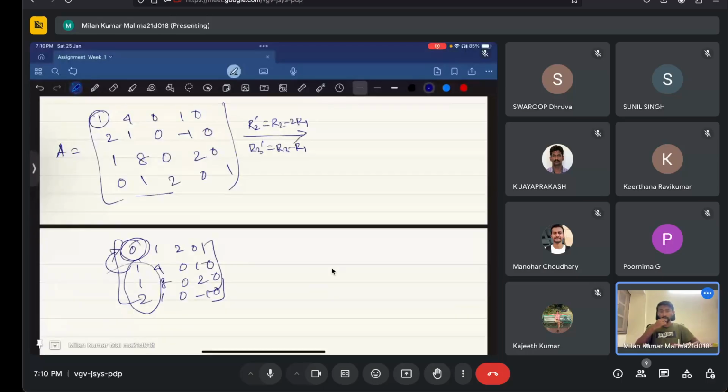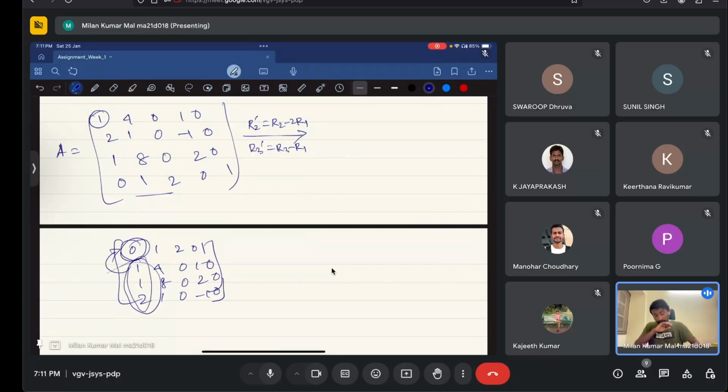If there is any doubt, you can ask. This is something a little confusing. My point is that first take the first row, and if the first entry is 0, then look at whether the entries below that 0 in that column are 0 or not. If they are all 0, then okay.